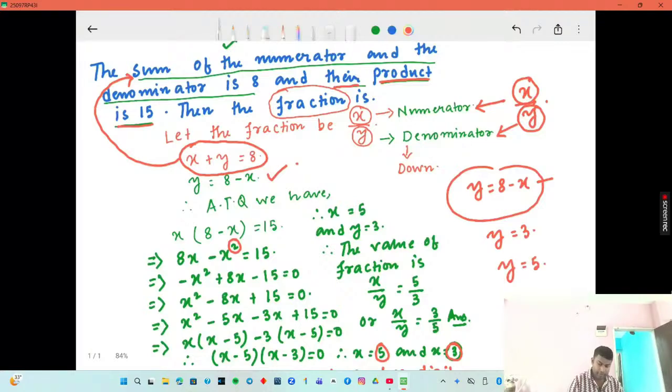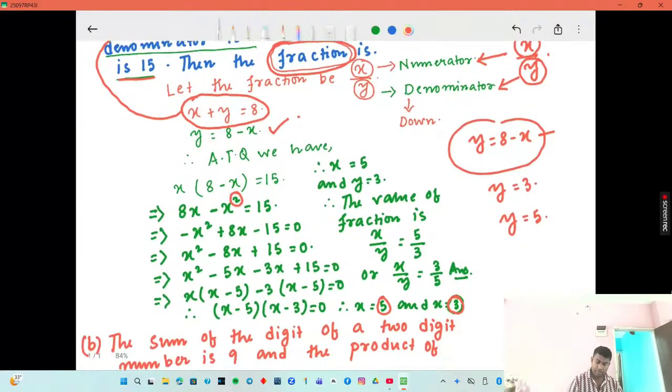So now we have to find the fraction of this given question. So the fraction is 5 by 3 or 3 by 5. Is it okay to you?